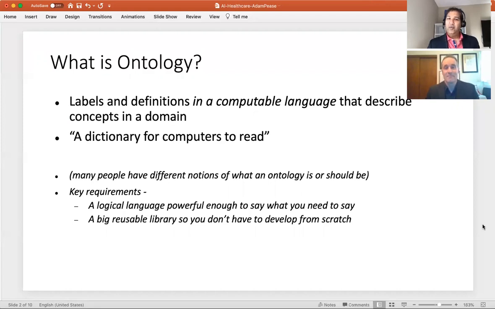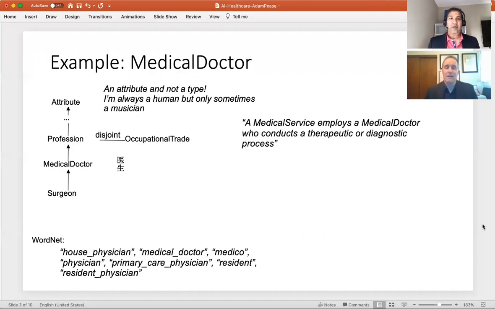Great, great. Would you like to give an example with a medical scenario or doctor? Yeah, I think we've got another slide here that gives you some background. What does this look like in practice? Well, like a lot of things that are called ontologies or taxonomies, there is a big taxonomy. So we have notions of what is a profession. Professions include medical doctors. A kind of medical doctor is a surgeon.